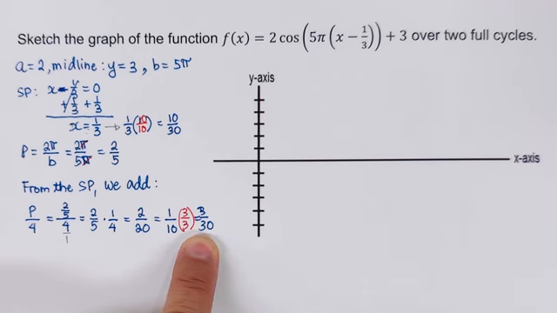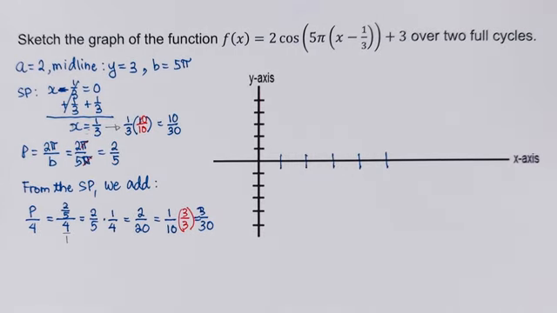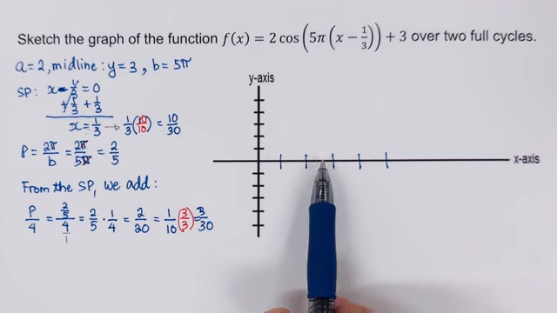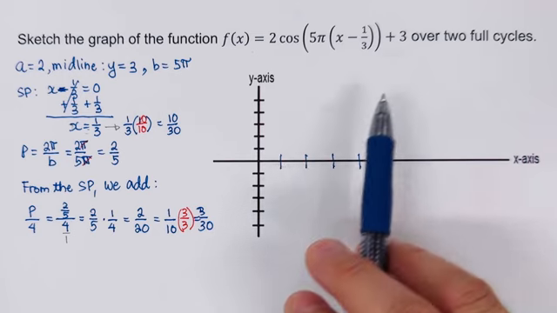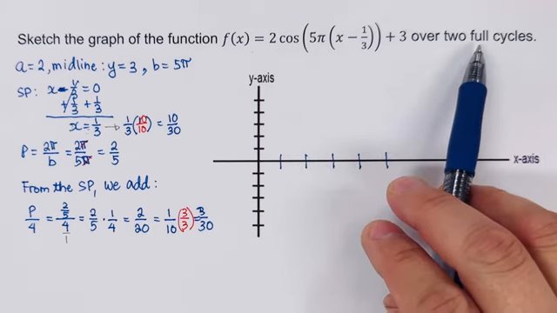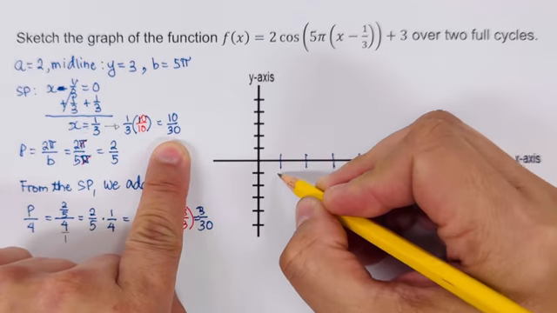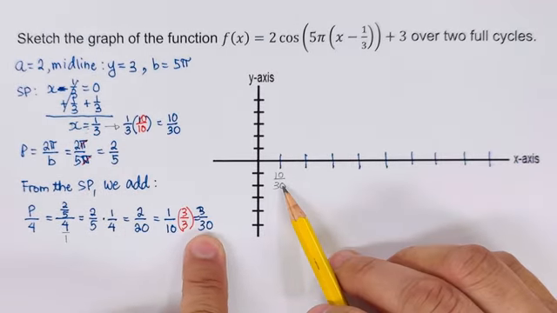So I'm going to write the x coordinates here. Looking at the divisions that I did here, this is made up of 4 segments: 1, 2, 3, 4. This is one full cycle. In this problem, we're looking for 2 full cycles, so I'm going to add another 4 segments here. We write the starting point, which is 10 over 30, down here, and we add 3 over 30 each time.